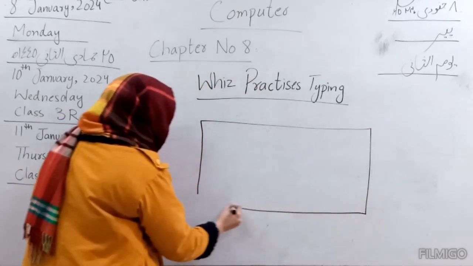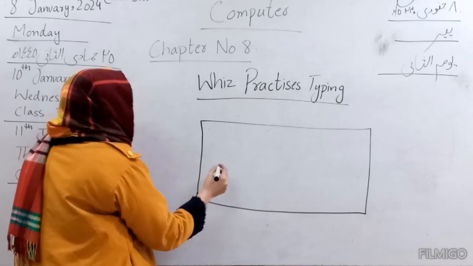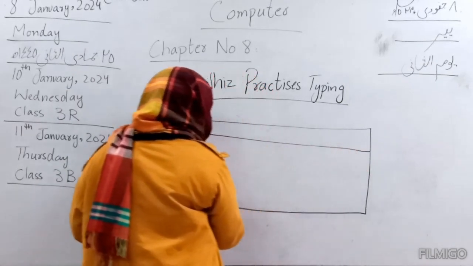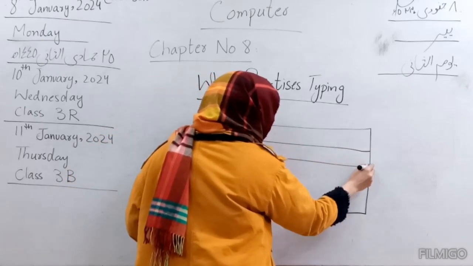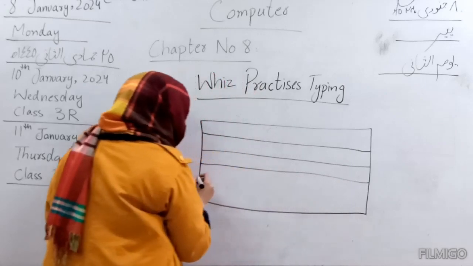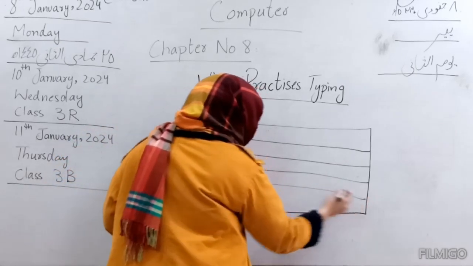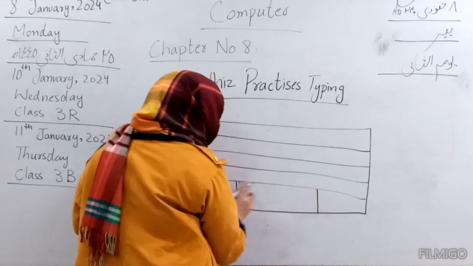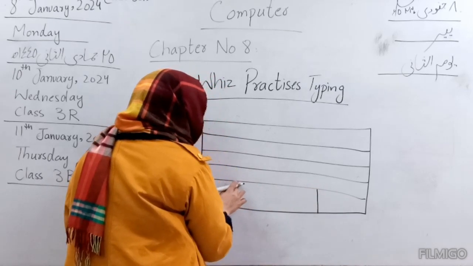So here I am going to make a diagram of the keyboard, to tell you which keys are important to increase our typing speed. So here we also learn which finger is used for which key.